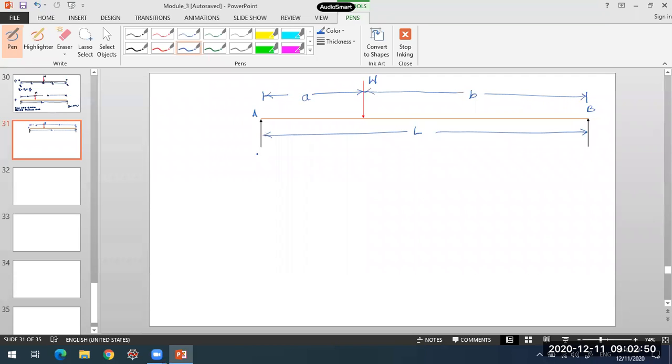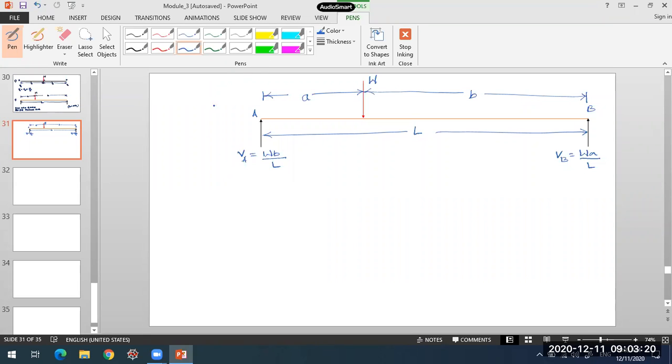In this case, if you determine the reactions, VA comes out to be W into B by L, and VB will be equal to W into A by L. That is by considering the equilibrium of the entire beam. This is the reaction you'll be getting.